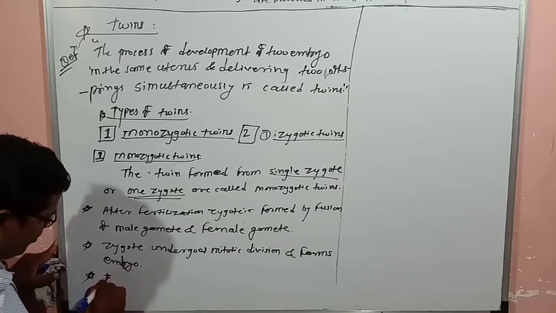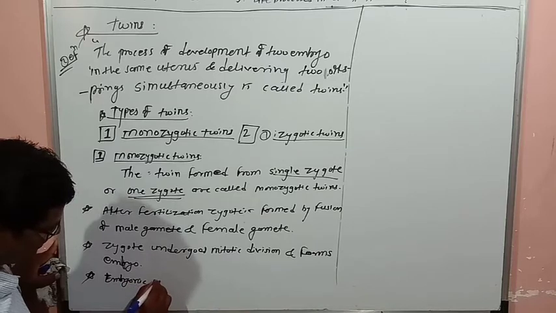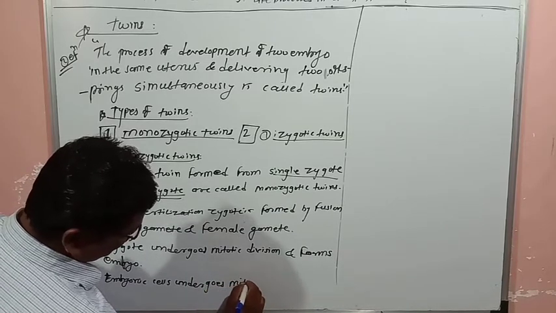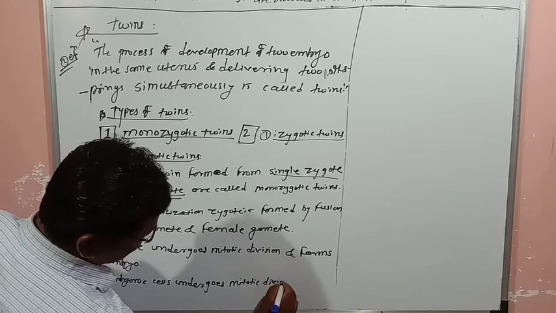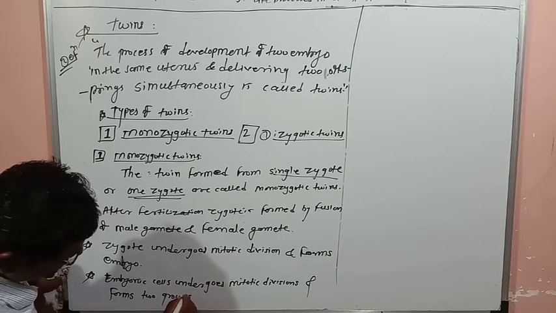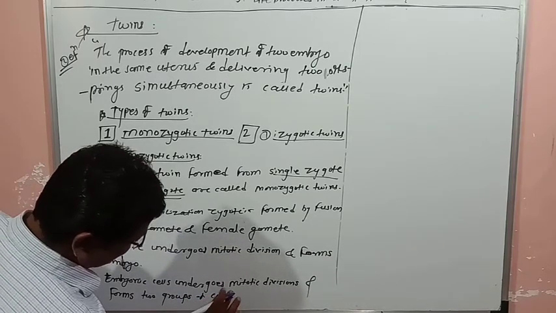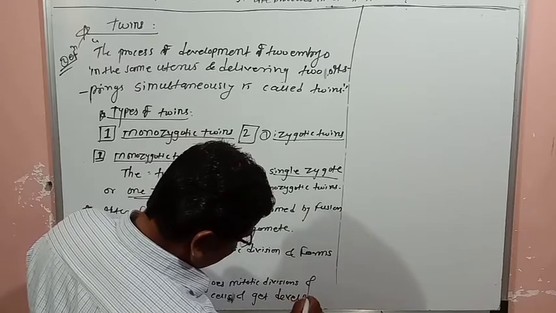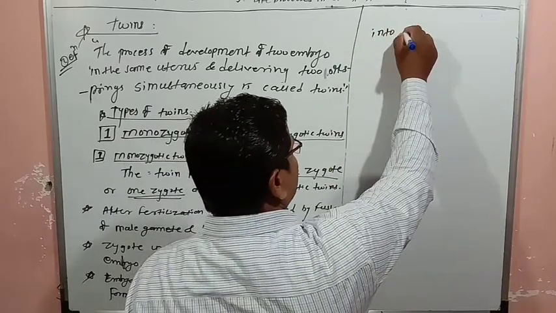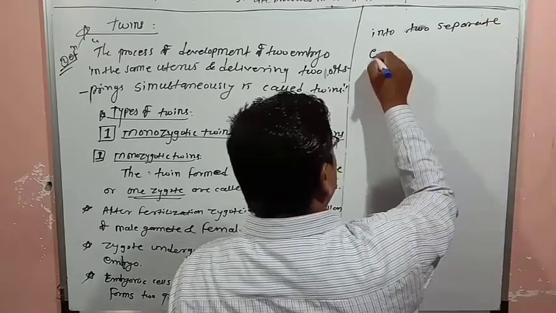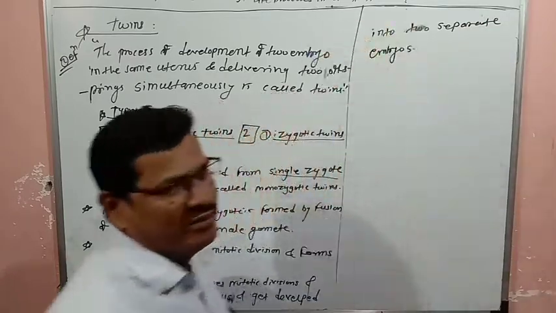Next, embryonic cells undergo mitotic divisions and form two groups of cells and get developed into two separate embryos.